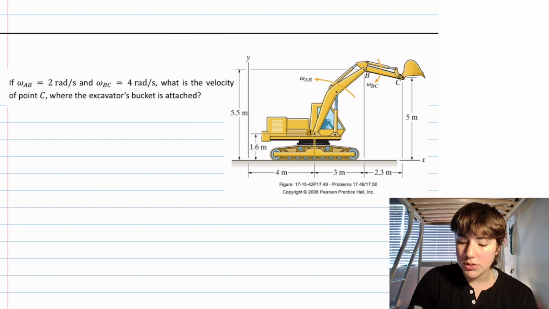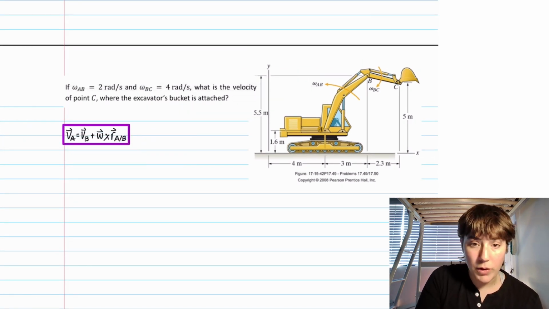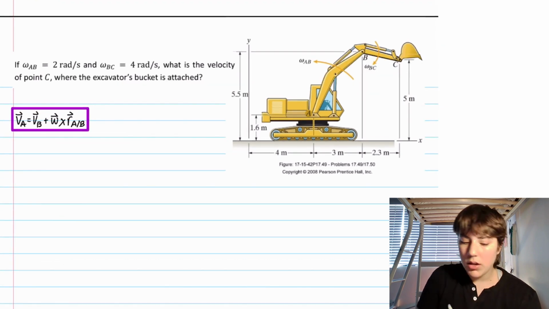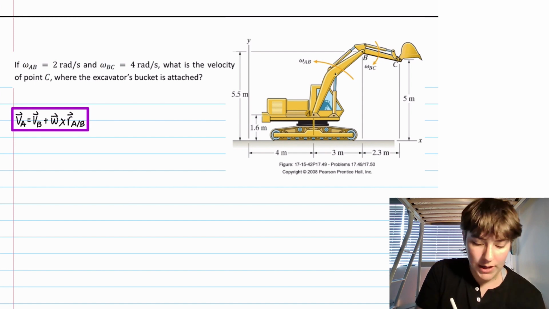So let's use this equation right here because we care about the velocity of a point relative to another point. We can't just use it in its original form because this equation is relating point A to point B, but we care about point C to point B. So let's rewrite it.